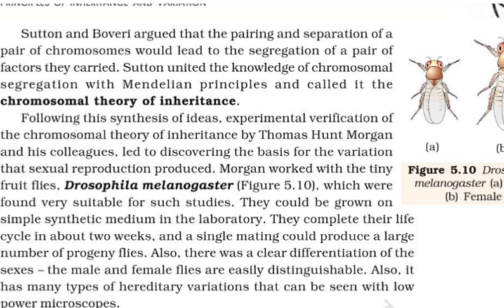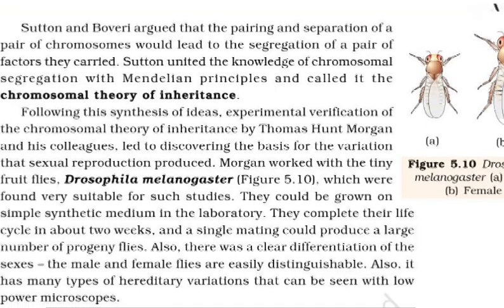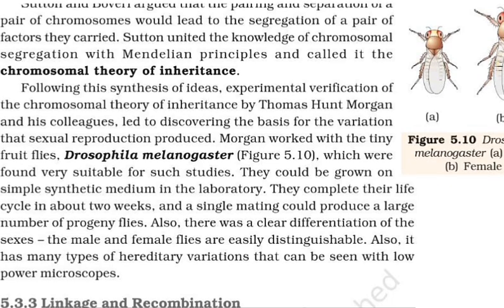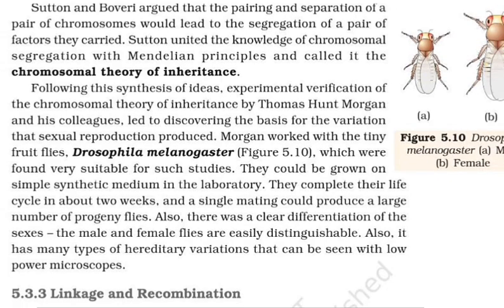Next is a comparison between the behavior of chromosomes and genes. Column A is given here, in which they occur in pairs. The second is also given as occur in pair.